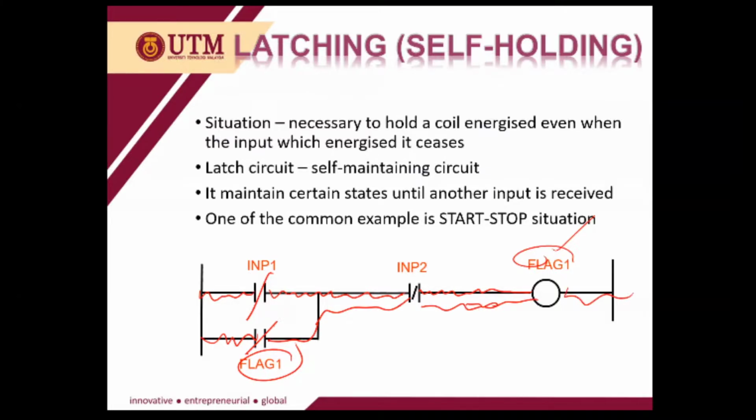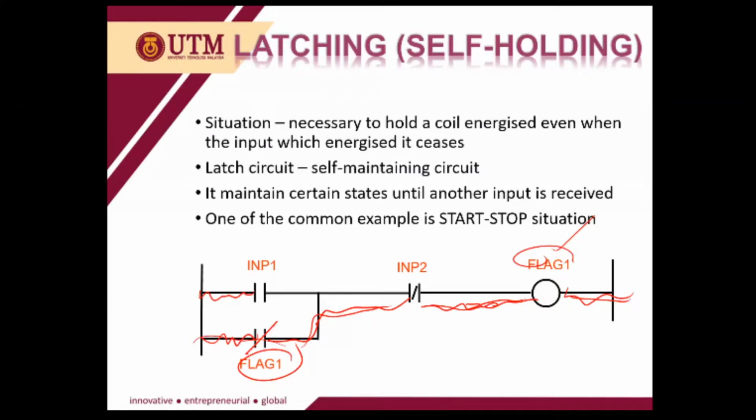Once you release input number one, the start button, you cut off this line of current. But the current is still flowing through flag number one to the output because of self-holding.